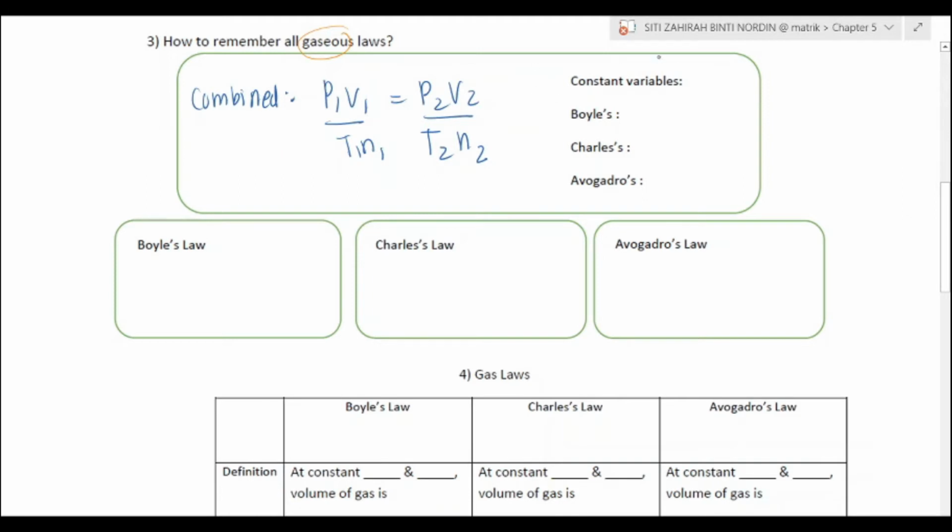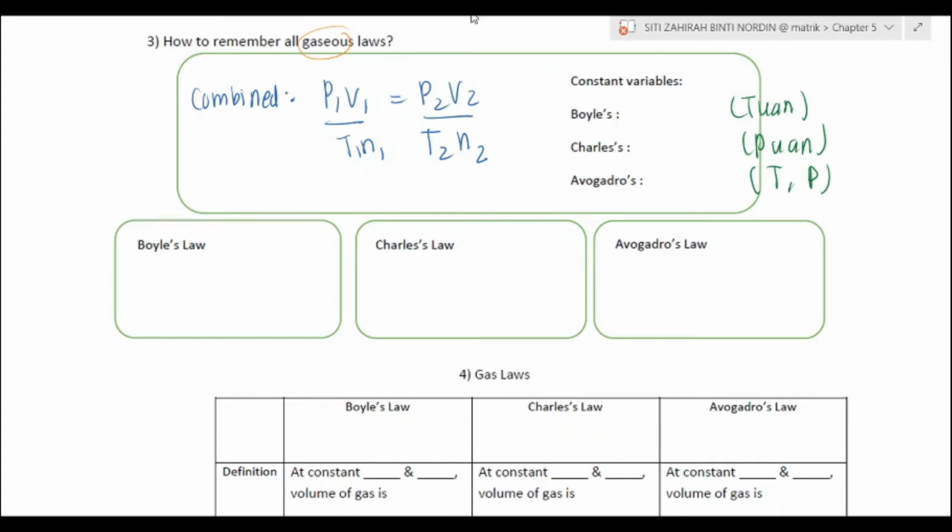Next, you have to remember the constant variables. Here's how I remember it. For Boyle, there would be 2-1, Charles would be 1, and Avogadro's would be TP. Well, you know your timbalan pengarah.